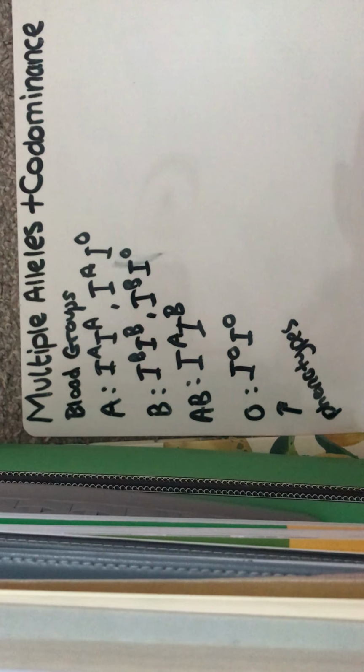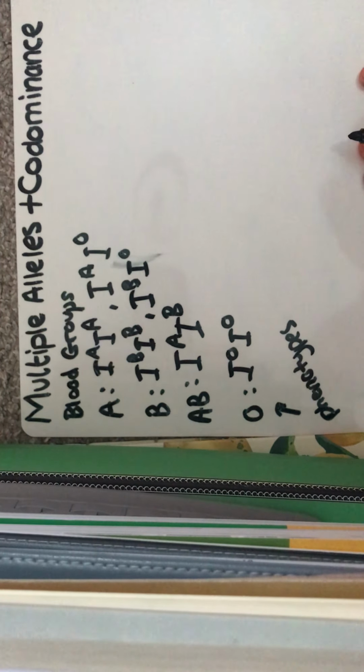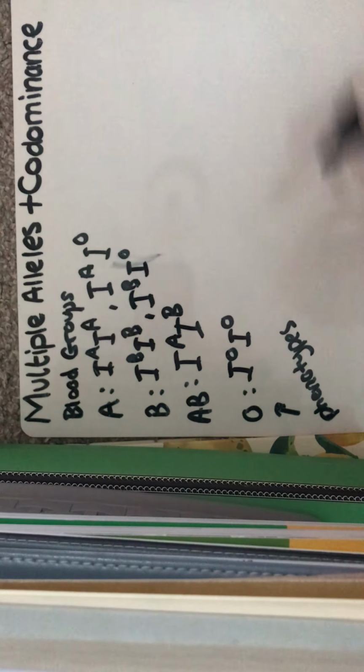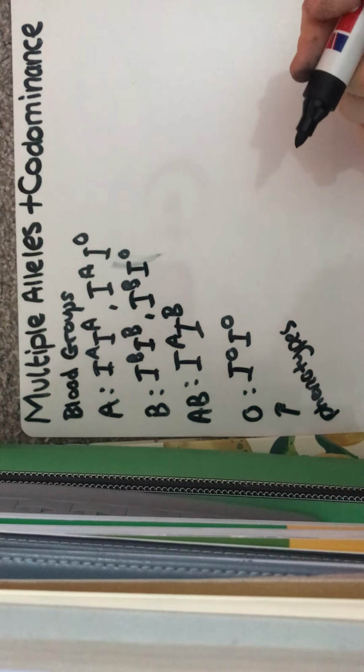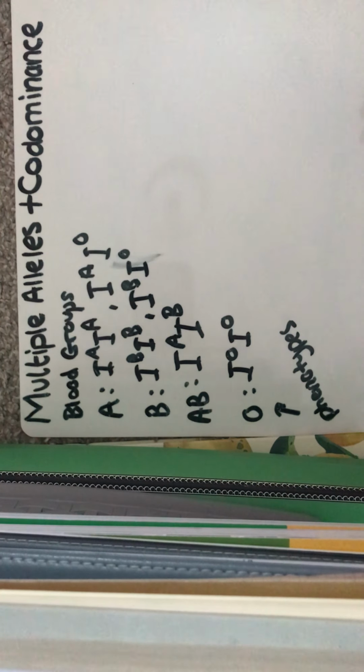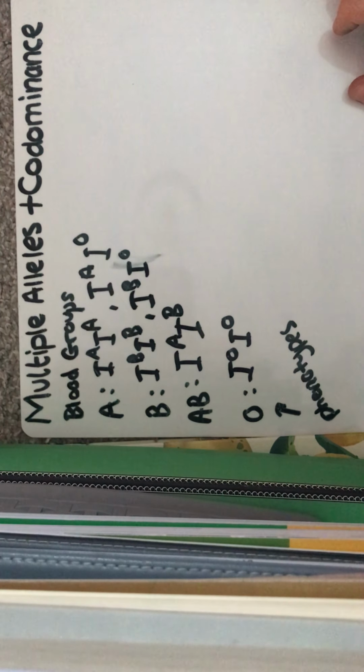There are some other examples, for example, coat colour in rabbits. We've got albino rabbits, chinchilla, Himalayan, agouti.